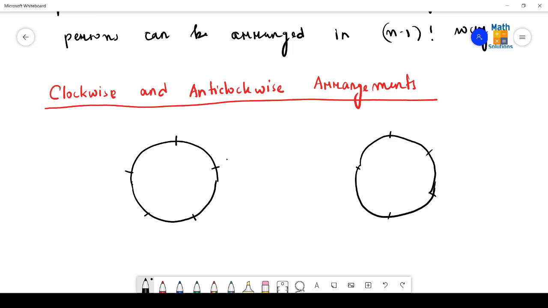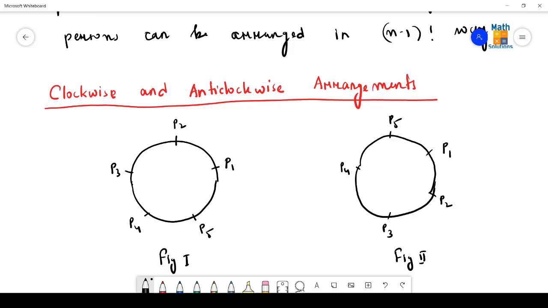Say here in this case I am writing positions of the persons as first person, then second person, then third person, then fourth person, then fifth one. Here also I am writing P1, then P2, the second person, this is third person, this is fourth person, then this is fifth one. Now in figure 1, this is first figure and this is second figure.